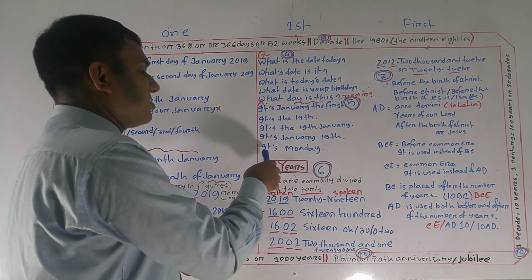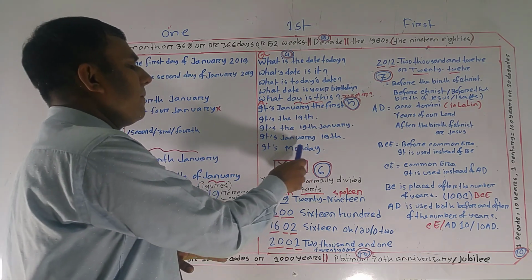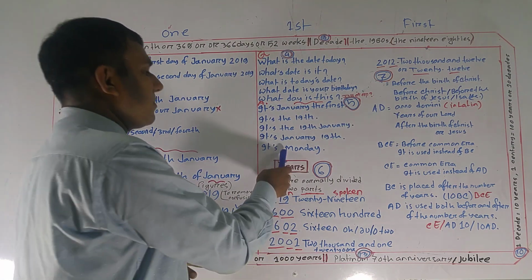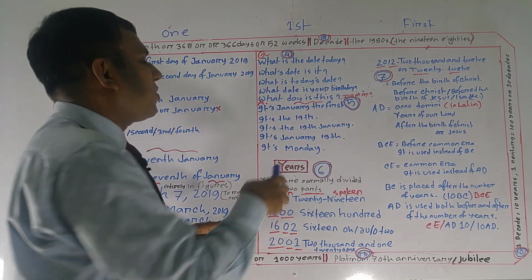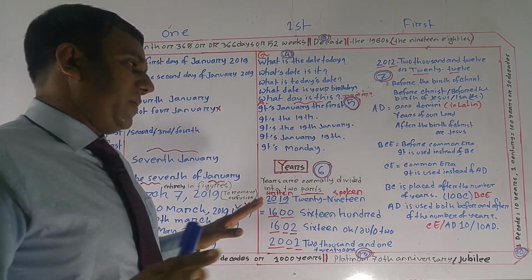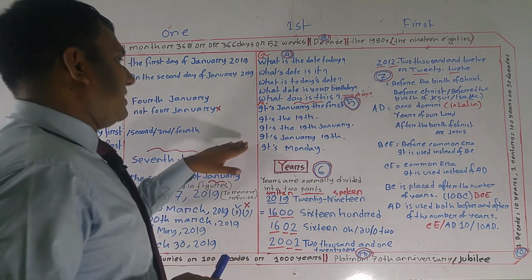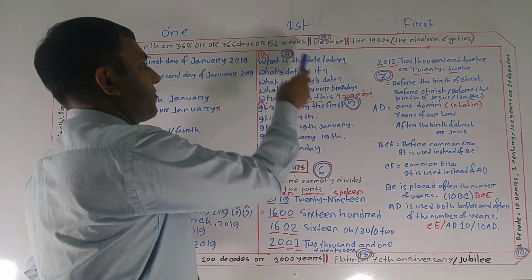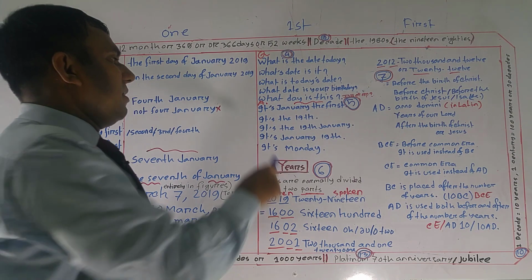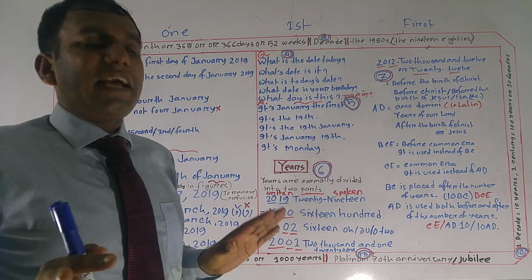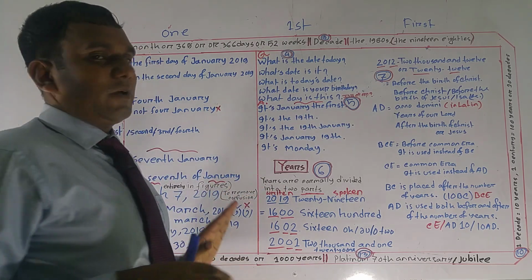And for the day, you can answer: It's Monday. Sometimes you can use a preposition before Monday, but here no preposition is used, so we don't say 'on' before Monday. By this way you have completed 4 and 5. Number 4 is the question, to know the date, and you can give the answer in these 4 ways.